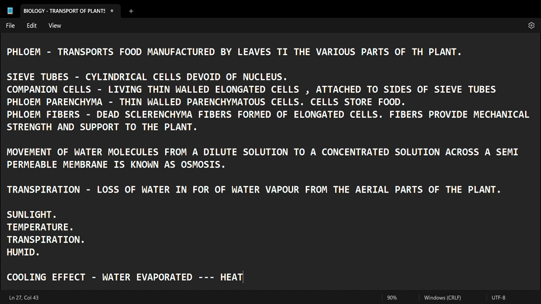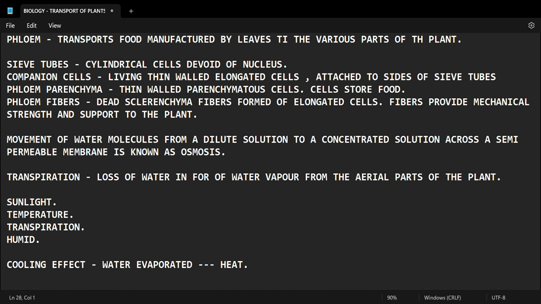Now transpiration helps in maintaining the concentration of the sap inside the plant body. Roots continue to absorb water from the soil. If excess water is not evaporated out, the sap would become dilute, preventing further absorption of water along with the minerals required by the plant.